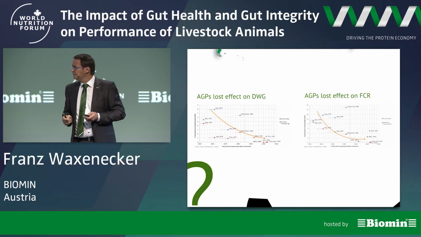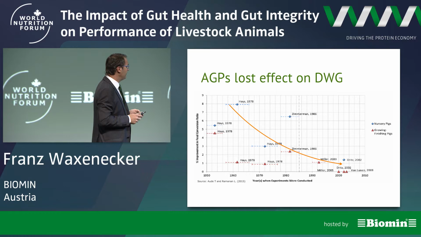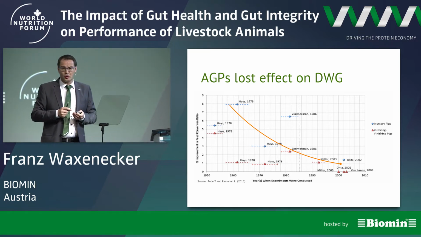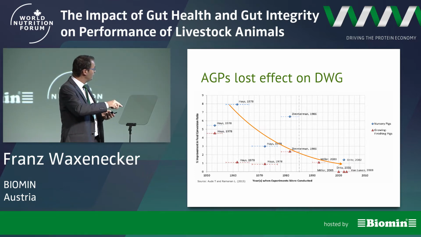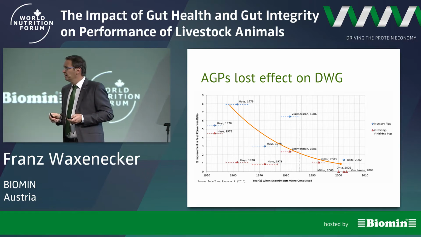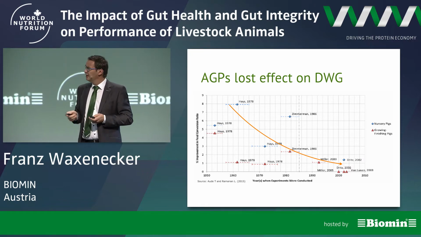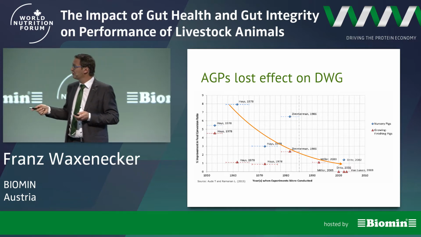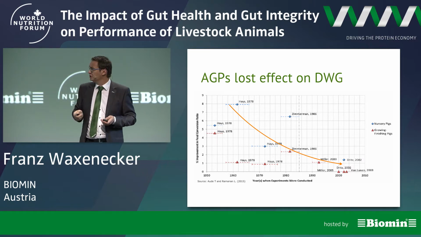But there is a second thing, which was published recently by Ramanan. Antibiotic growth promoters lost their efficacy during recent years. If you see here, from the 1950s up to 2010, he plotted these meta-analyses, the different results on the growth performance potential of antibiotic growth promoters, which was high, up to 7-8% in the early years of usage.